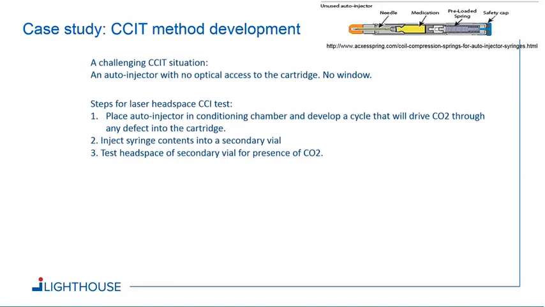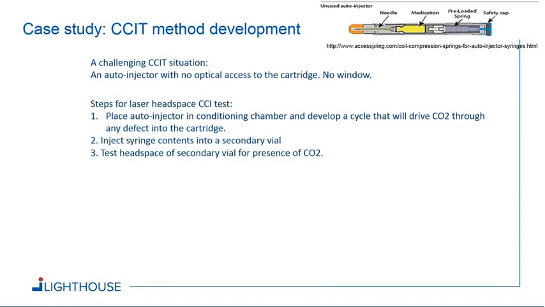So here we have an auto injector with no optical access to the cartridge, so there's no window. And you can imagine the following. To perform a CCI test on this auto injector, you could place it in one of these CCIT vessels and develop a cycle that will drive carbon dioxide through any defect into the cartridge.